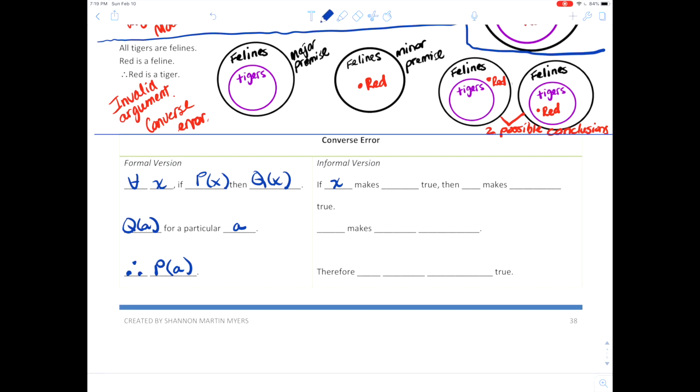So informally, it's saying if x makes p of x true, then x makes q of x true. a makes q of x true. Therefore, a makes p of x true.